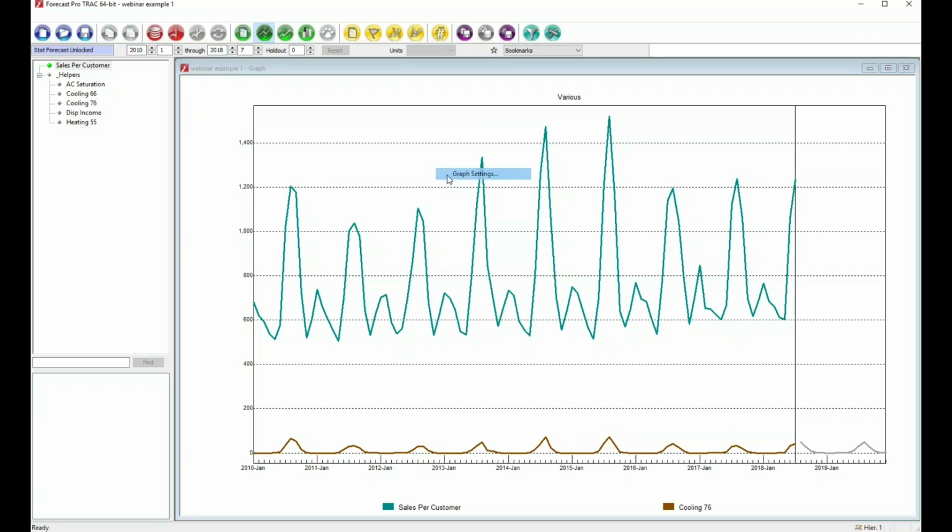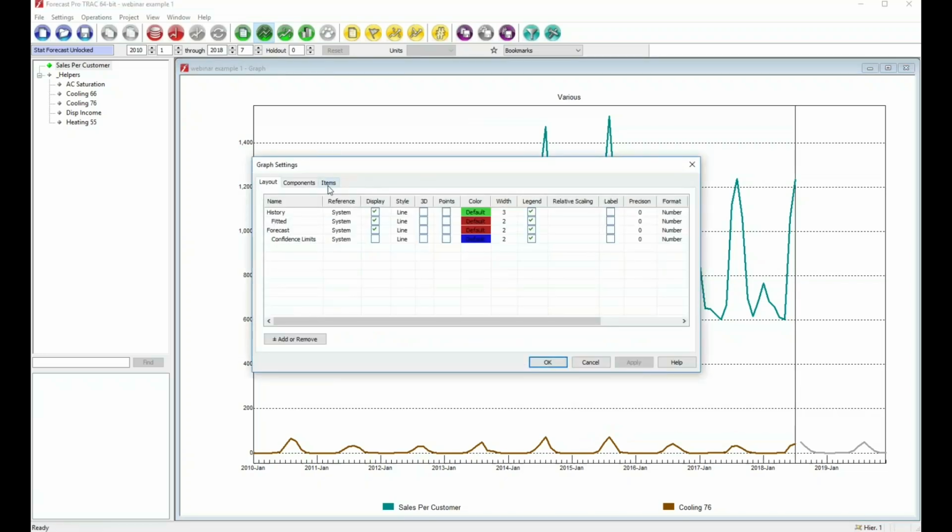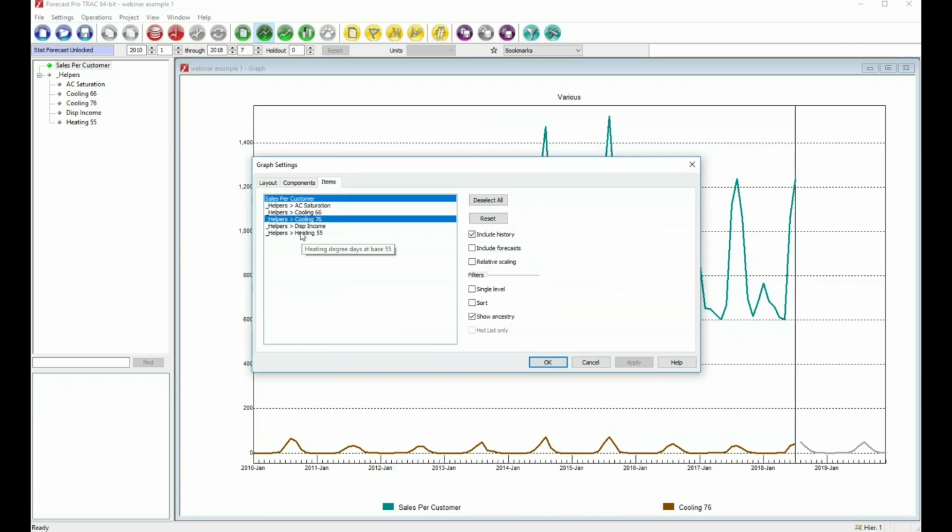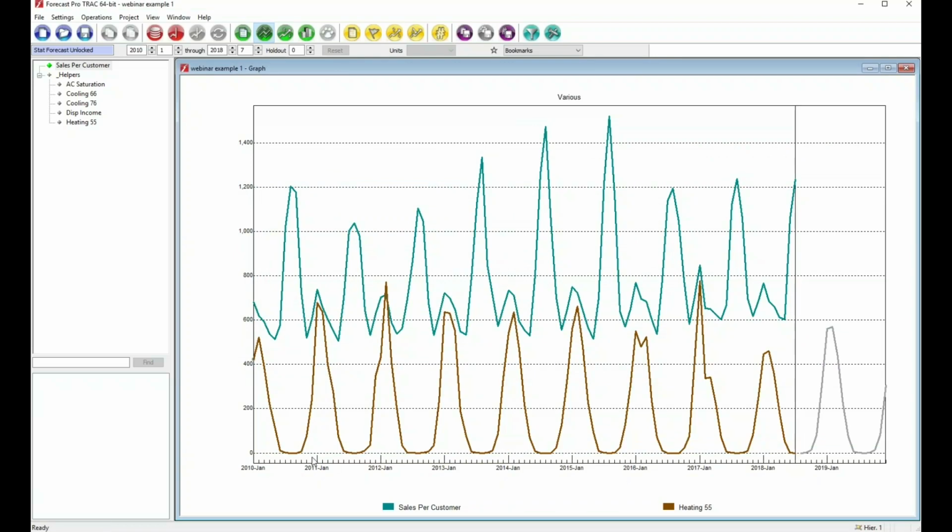So let's just look at one more variable here before we move on to the building process, and that's going to be this heating 55. What we see here is that our heating variable is well aligned with these winter peaks. So again, this heating 55 appears to be a good variable for helping to predict the timing and the amplitude of those winter peaks.